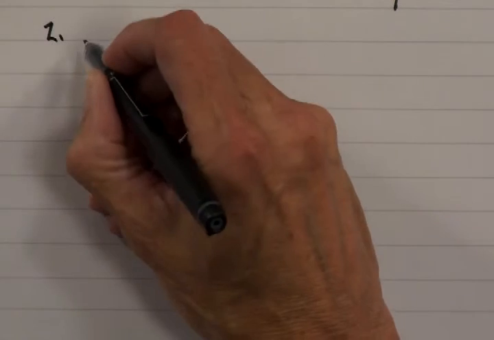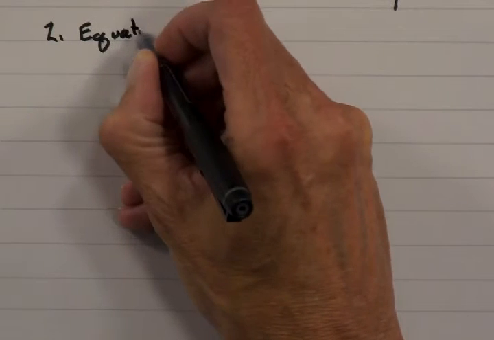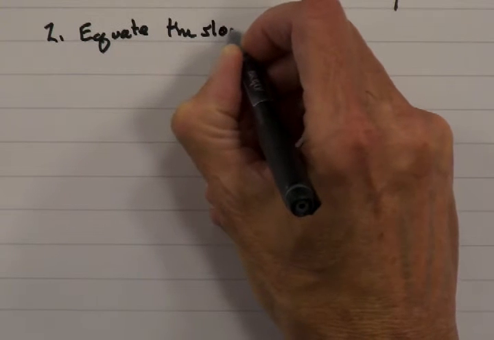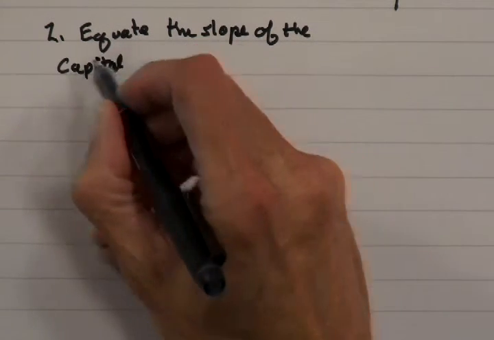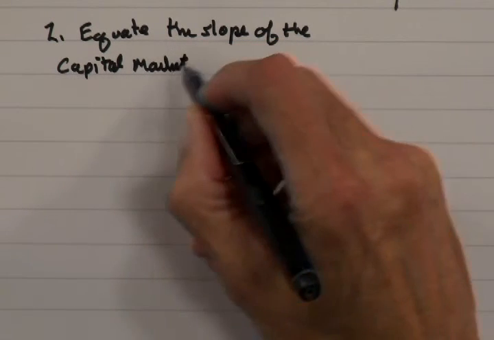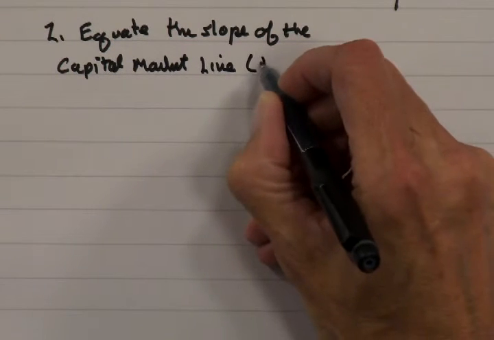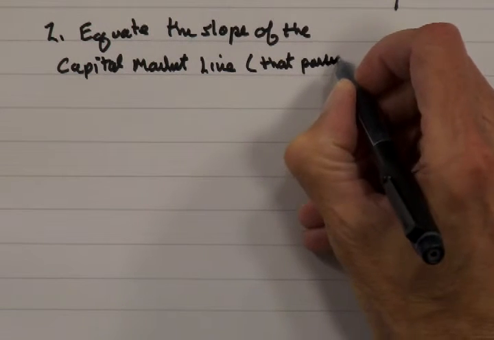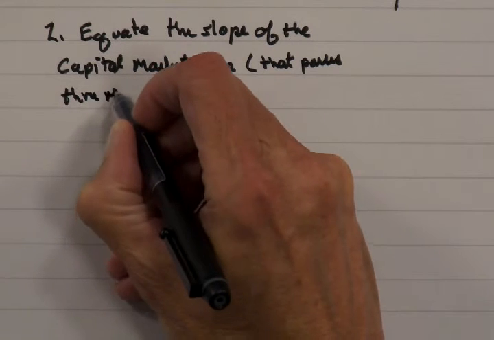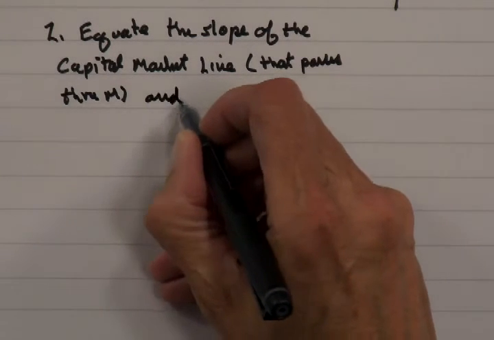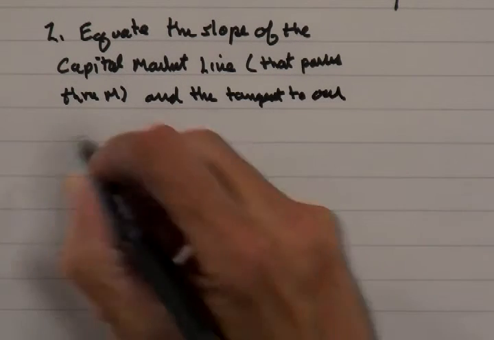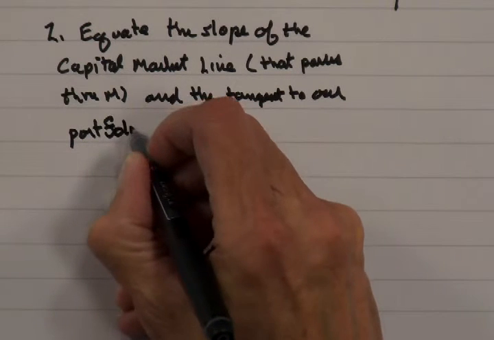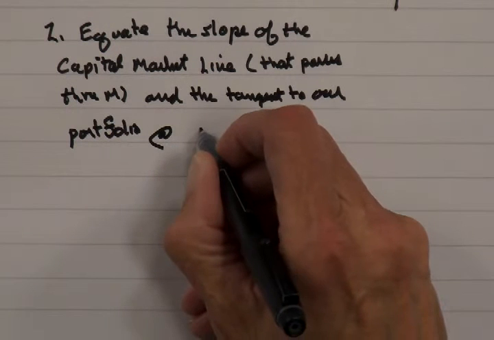We say that, secondly, we equate the slope of the capital market line, and that's the line that passes through M and also starts at the risk-free rate, and the tangent to our portfolio at alpha equals 0.